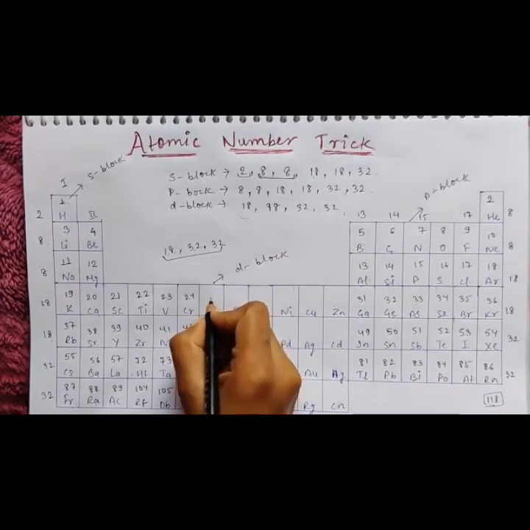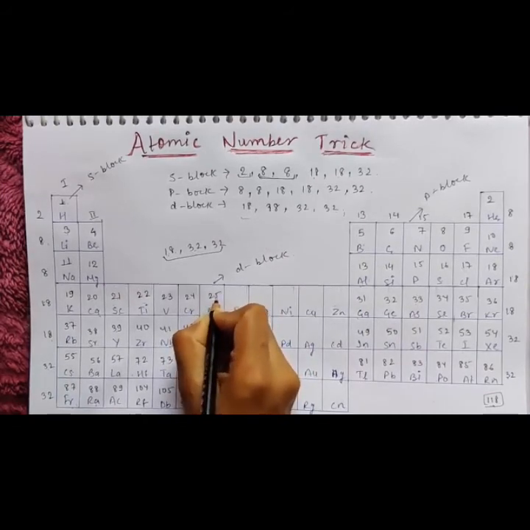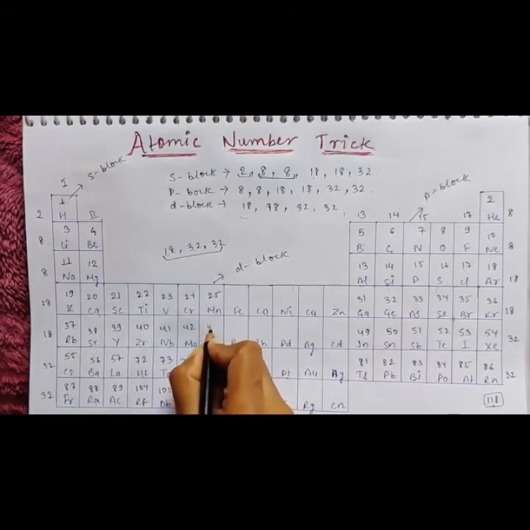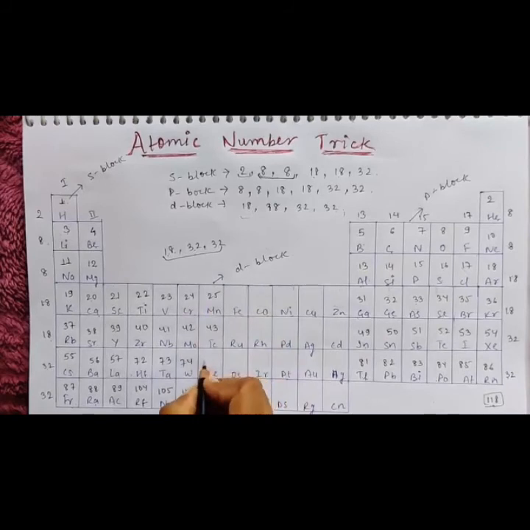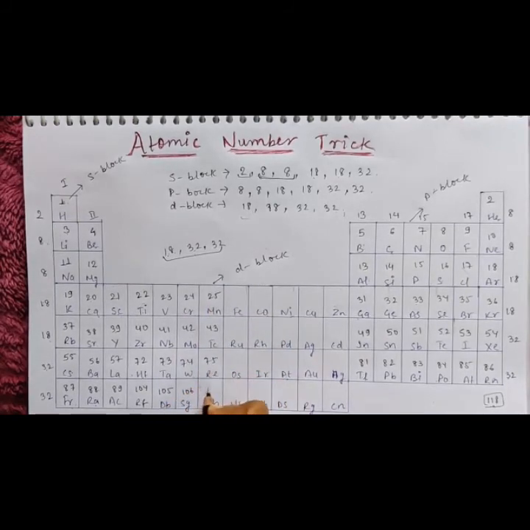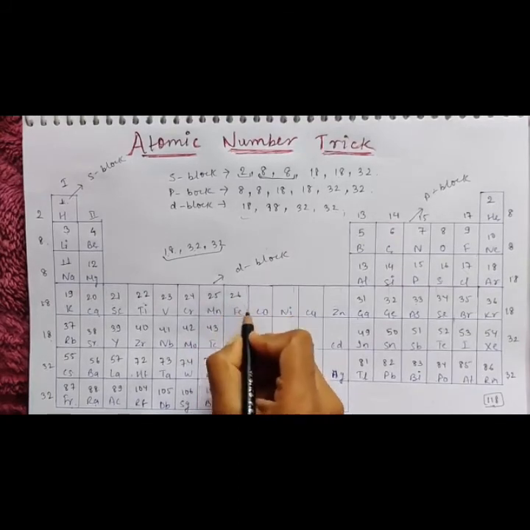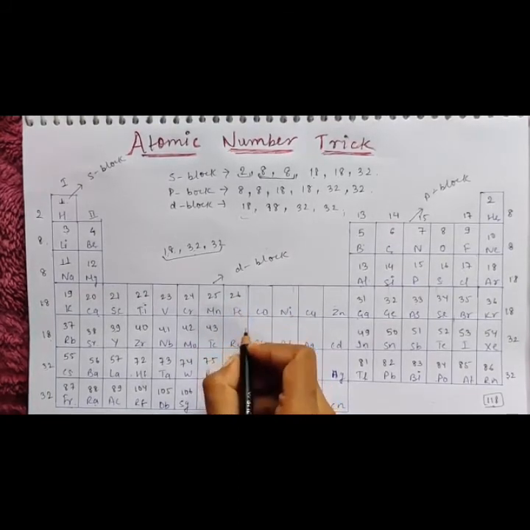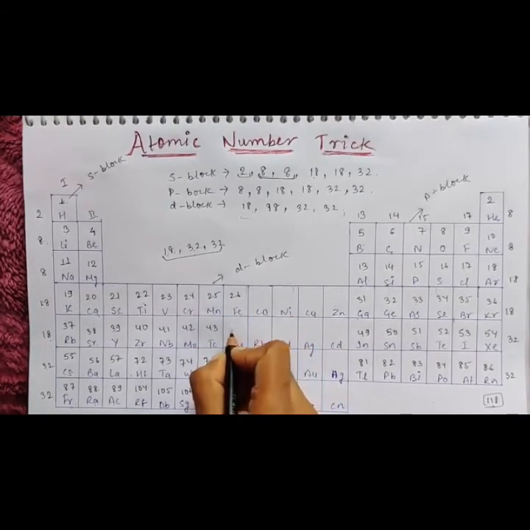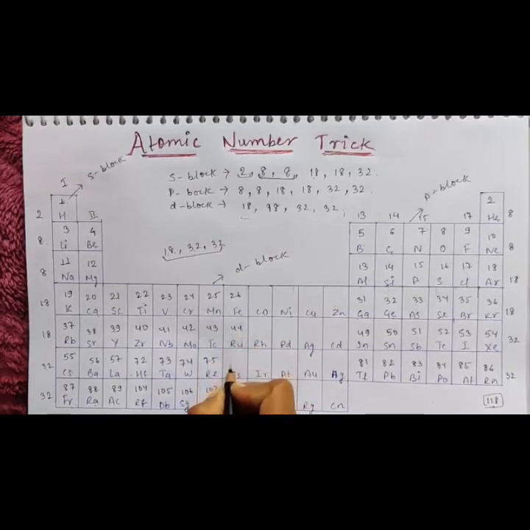Don't confuse here. P block are the 3A, starting from 3A to 8A. But D block elements are the 3B, 4B, 5B, 6B, 7B, 8B. In the 8B there are 3 columns.